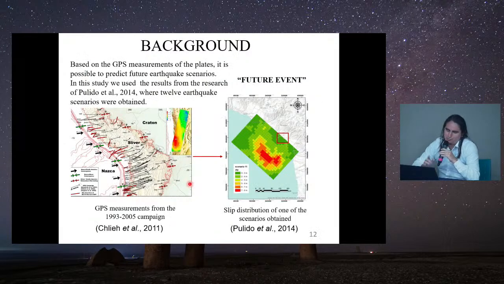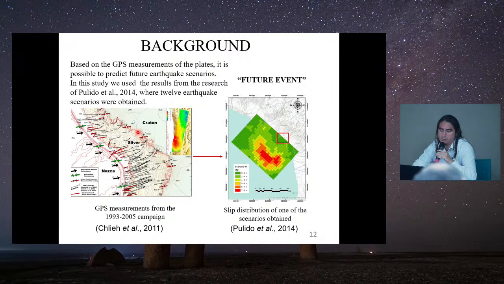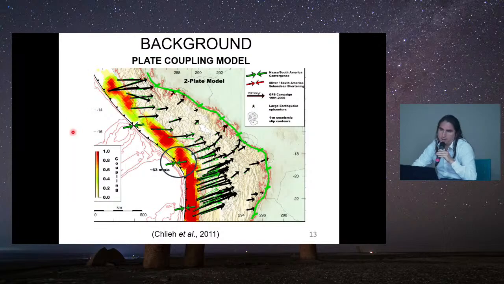I think somebody already showed this. This is just the GPS measurements around the area. And according to this, Dr. Pulido in 2014 generated 12 earthquake scenarios, with slip distributions. So this is just trying to find a future event in the area. So this is the coupling.